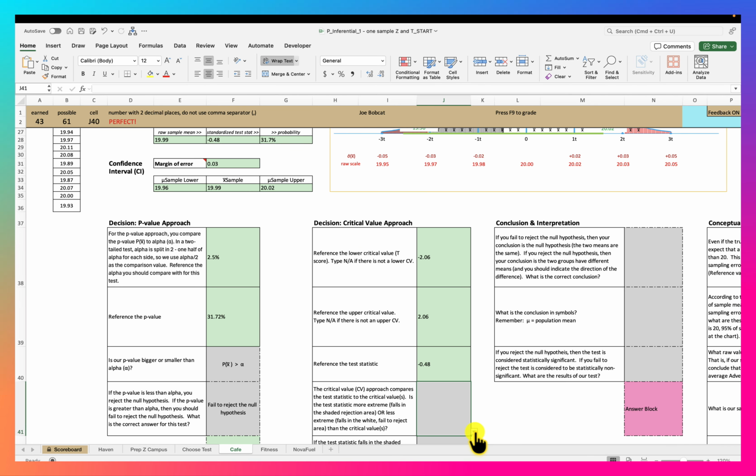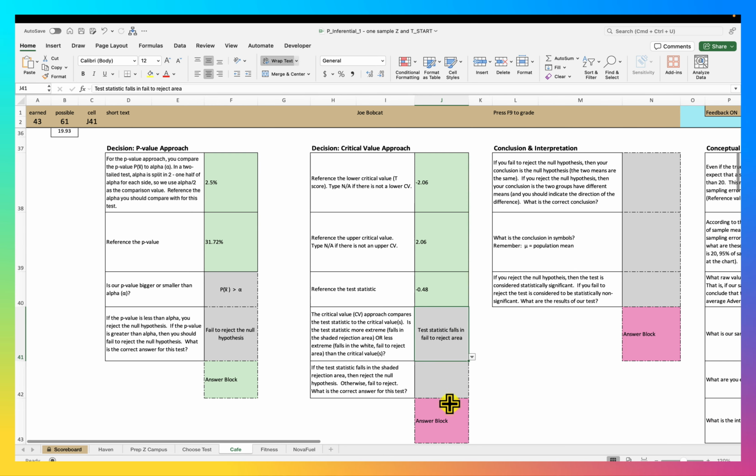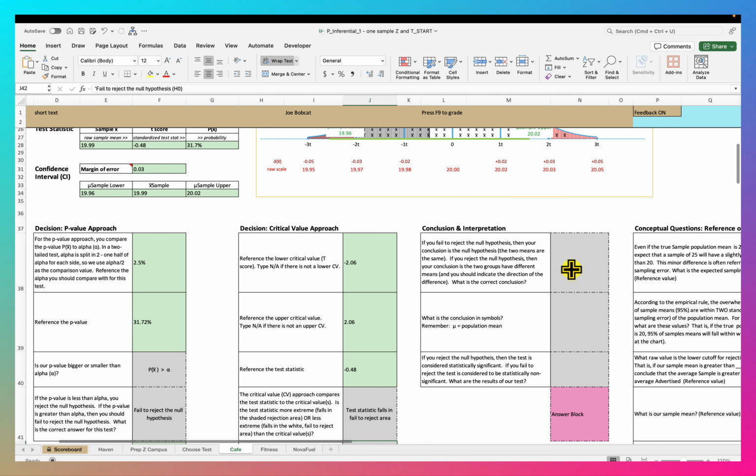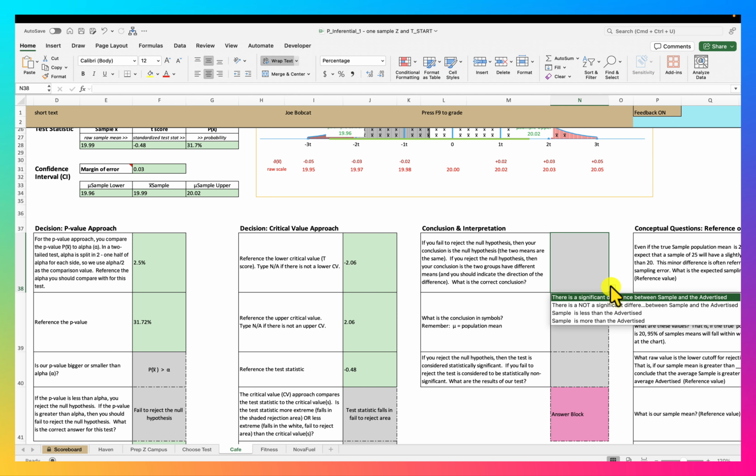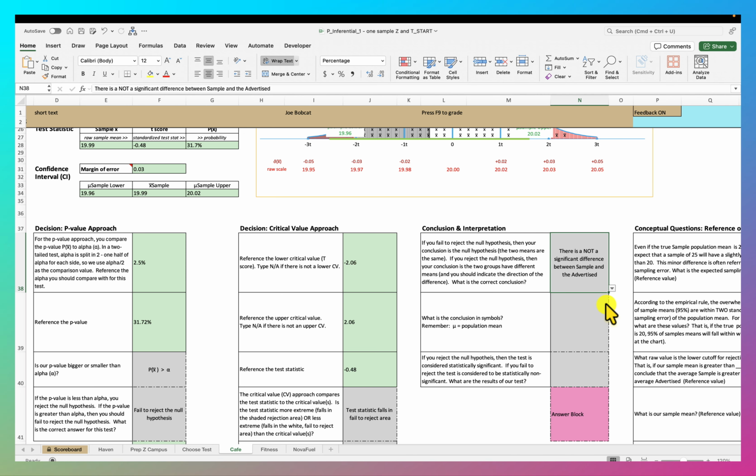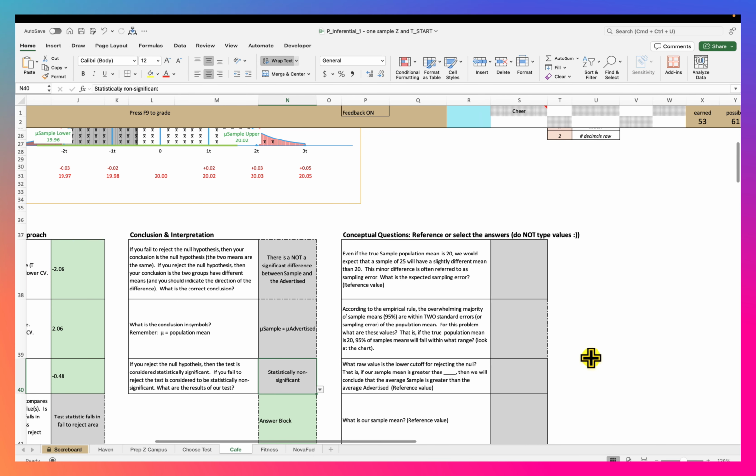And using this approach, our test statistic is well within these two critical values. So it's failed to reject region. And we failed to reject the null. So we have to simply say there's not a significant difference between sample and advertised, which means that those populations could be the same, could be equal. And if you fail to reject the null, we say it's statistically not significant.